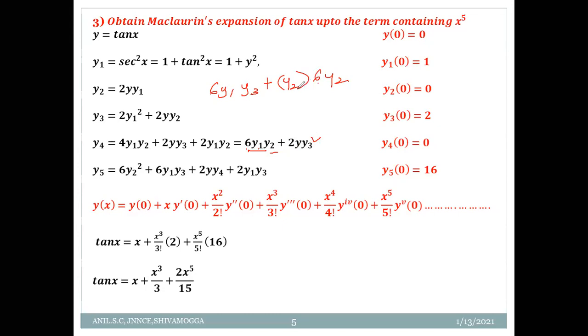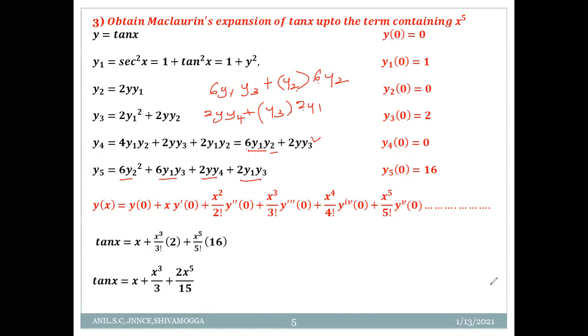Therefore, 6y2 into y2 is 6y2 square plus 6y1 y3. Now I differentiate 2y into y3. 2y is first function, keep it as it is. Derivative of y3 is y4 plus y3 into derivative of 2y is 2y1. Therefore, 2y into y4 this term plus 2y1 into y3 this term. This is fifth order derivative.